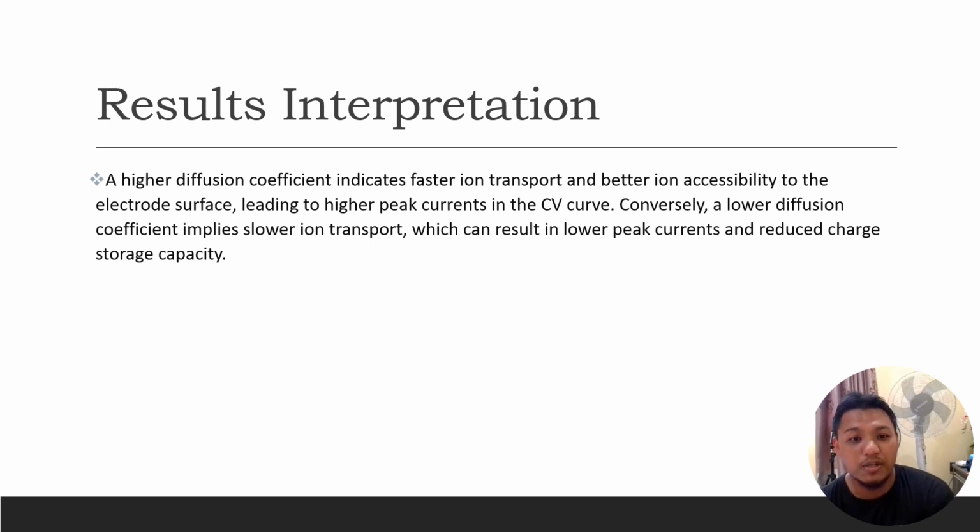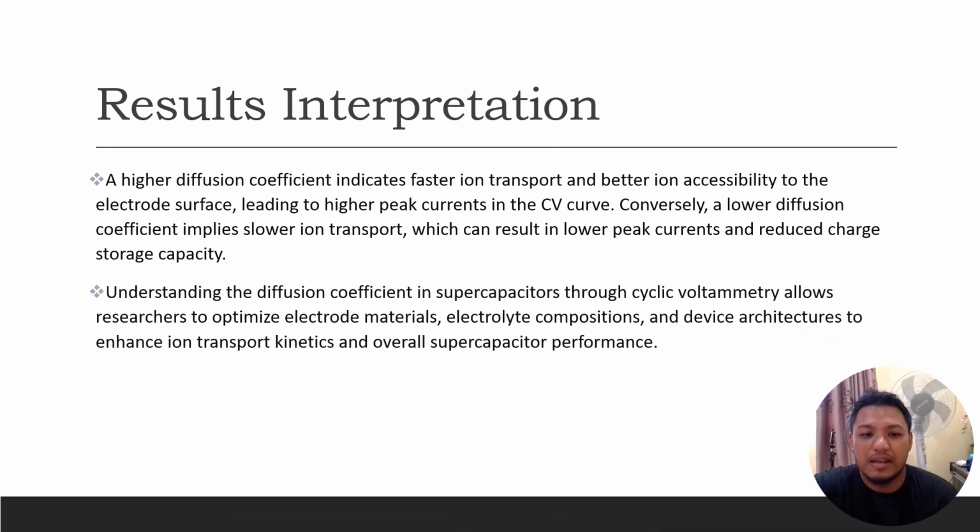Conversely, a lower diffusion coefficient implies slower electron transport, which can result in lower peak current and reduced charge storage capacity. So, by understanding the D value of a supercapacitor through CV, we can optimize our electrode material, electrolyte composition, and device architecture to enhance ion transport, kinetics, and overall supercapacitor performance.